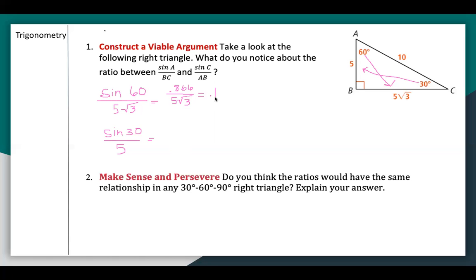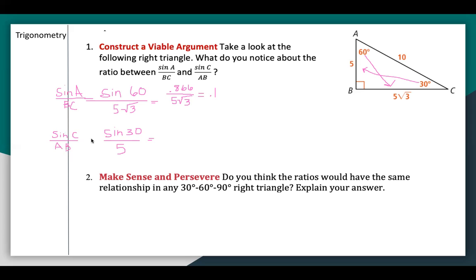Okay. So the sine of A over BC, what we got was the sine of 60 over 5 square roots of 3. The second one was the sine of C over AB.